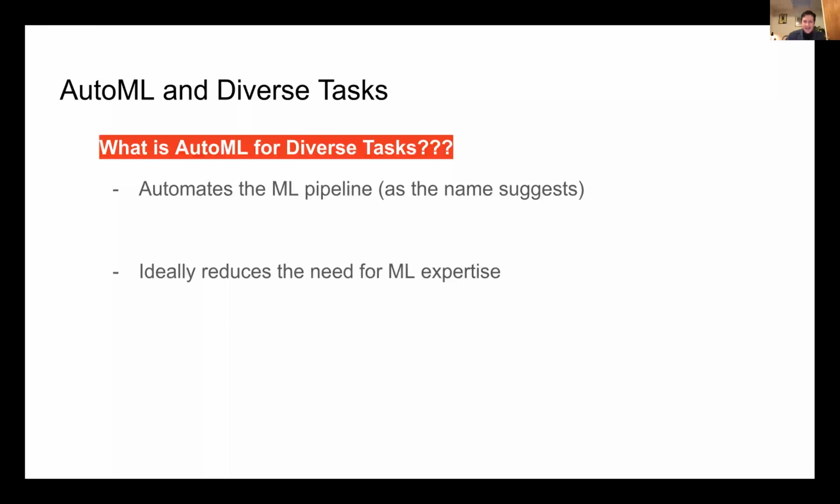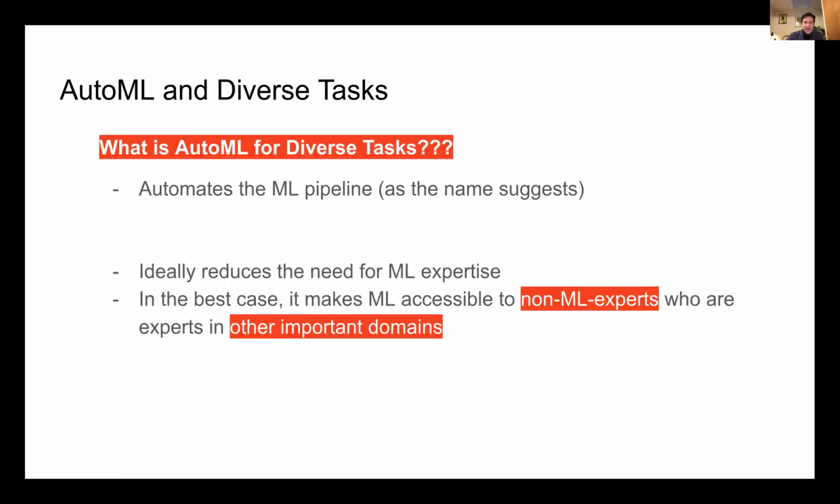The core idea behind this, of course, is that it should reduce the need for ML expertise. The extension of this is that in the ideal case, it would make ML accessible to non-ML experts, as I alluded to earlier, who might be working in the sciences or economics or other disciplines.